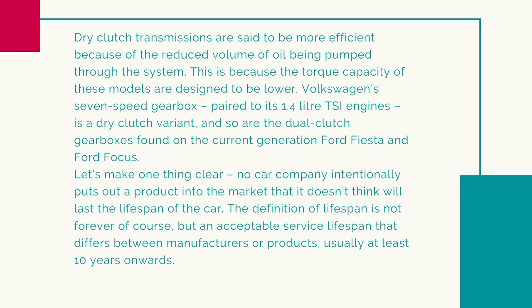This is because the torque capacity of this model is designed to be lower, like the Volkswagen 7-speed gearbox paired to its 1.4-liter TSI engine, which is a dry clutch variant, and so is the dual clutch gearbox found on the current generation Ford Fiesta and Ford Focus.